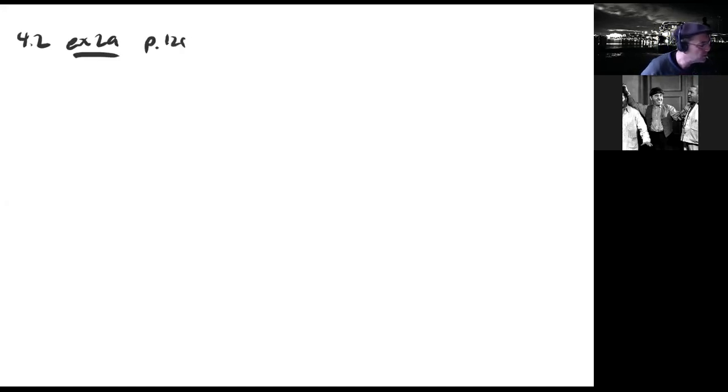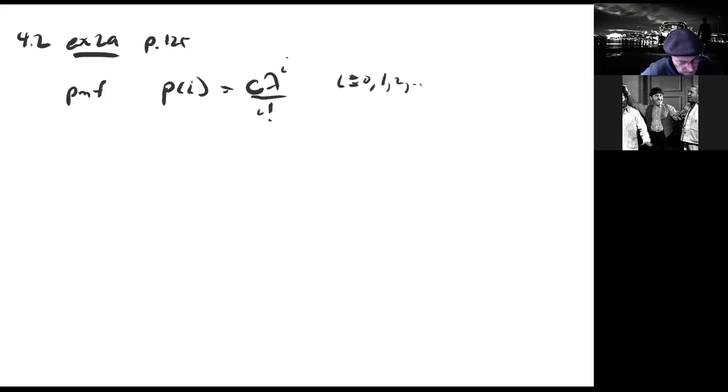It's describing a PMF for a random variable x given by P of i equals some constant C times lambda to the i over i factorial, where i goes 0, 1, 2, so i varies over all the natural numbers.